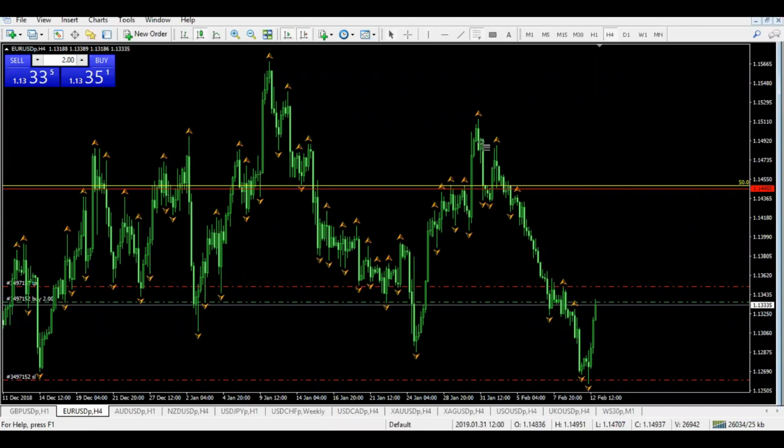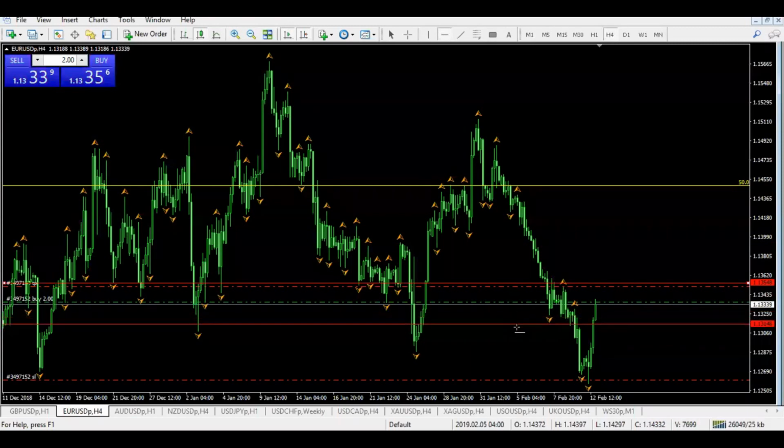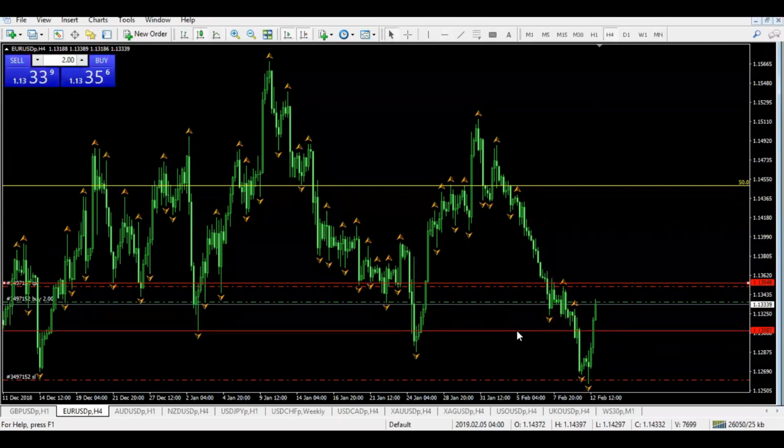Like this euro. In this euro, where did we put it? The buying order was here. I think it was here. We did a buy here. Where did we put the stop loss? We should update it and put it under the low here.